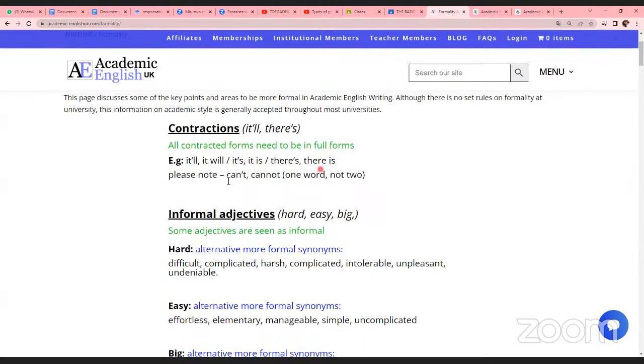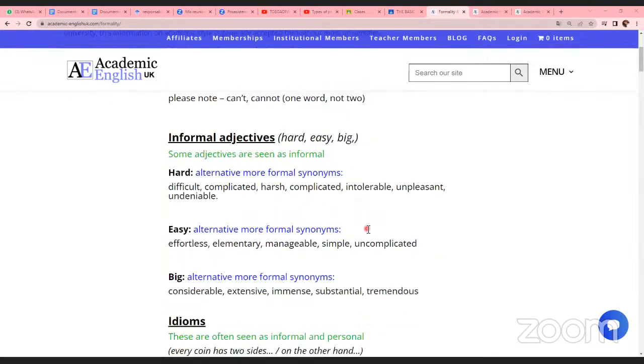There's: there is. And something important: the word cannot is not can not. It's not separate, this goes together. It's only one word, not two.